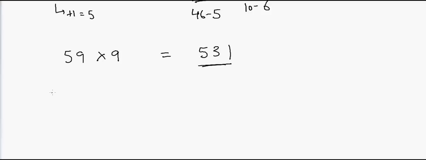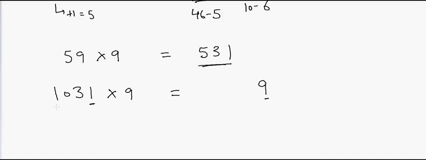Now this formula will also apply for very large numbers. Suppose I have 1031 and I want to multiply by 9. First I'll take the 1. Then 10 minus 1 is 9. So the last digit would be 9.